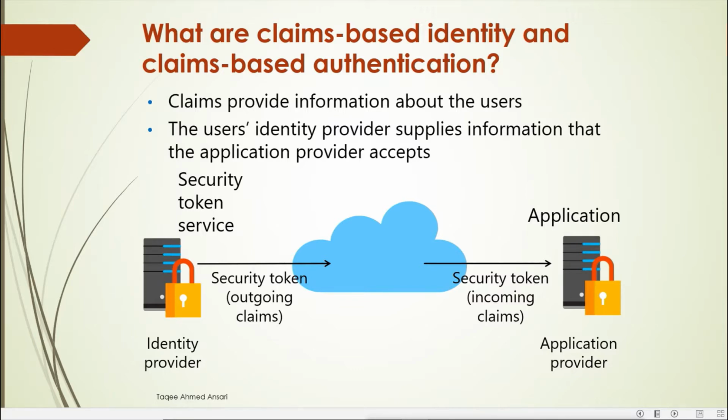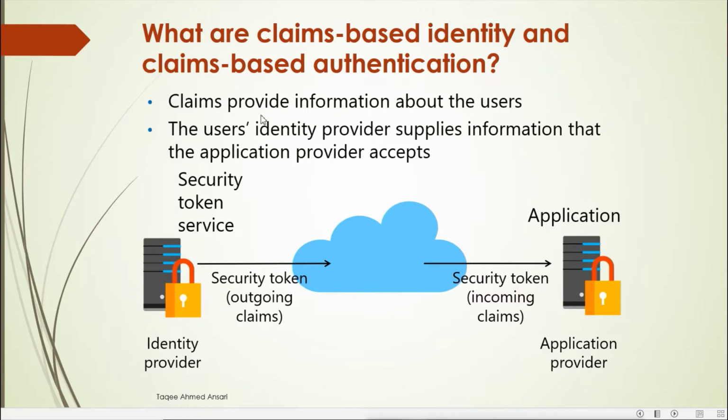Here it is called claim-based identity and claim-based authentication. Now what is this? A claim provides the information about the user. So the user who wants to access the resources will provide the information: I am this user account, my name is this, my identity means my email address or maybe my UPN, this is my information.